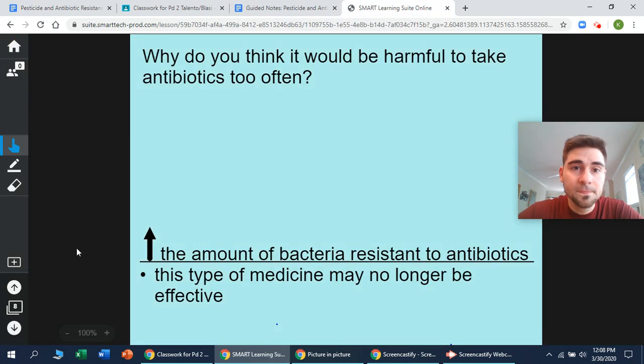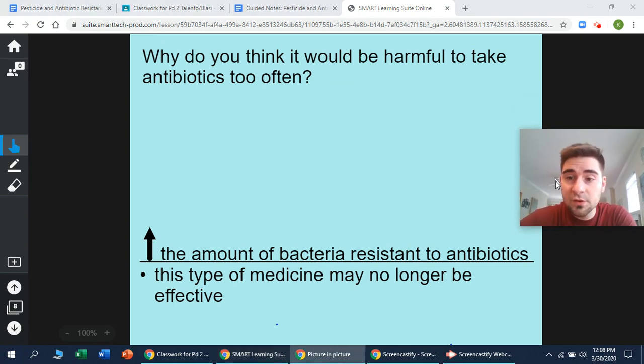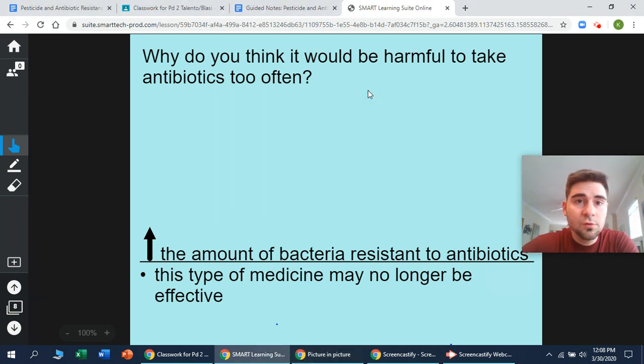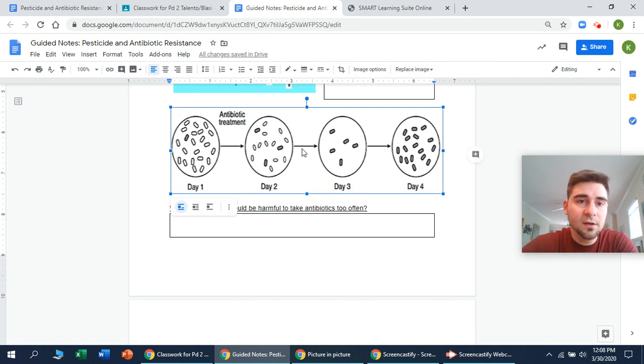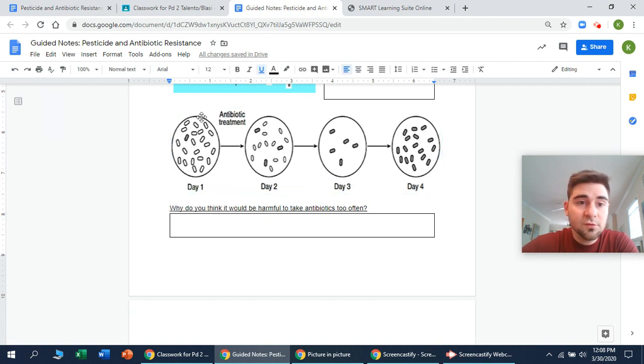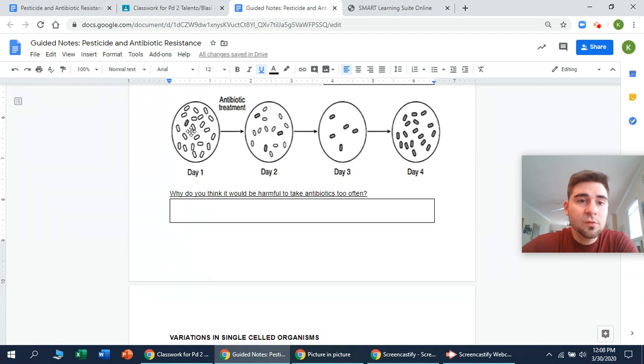All right. Now, why do you think it'd be harmful to use antibiotics too often? So, what should be coming up here is this picture right there. We have treatment of antibiotics, right? So we have all these bacteria here. These shaded ones, again, have the resistance. They have the resistance gene. So now, first day, there's only one that has it.